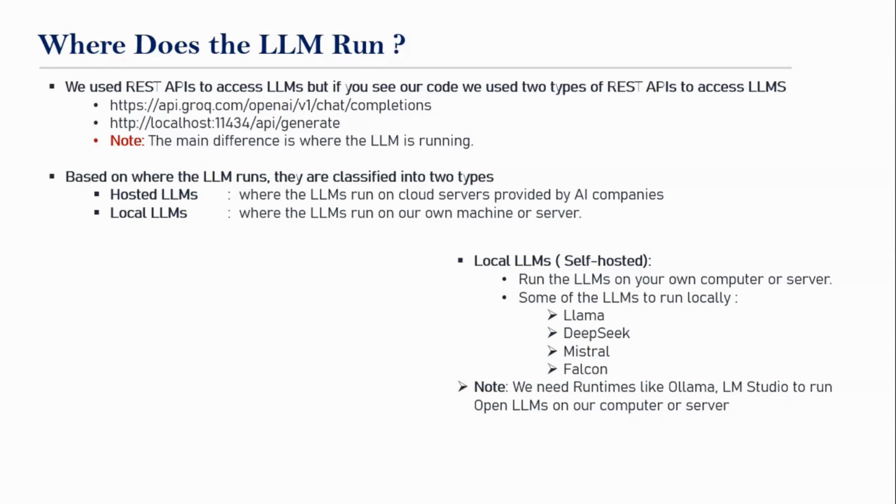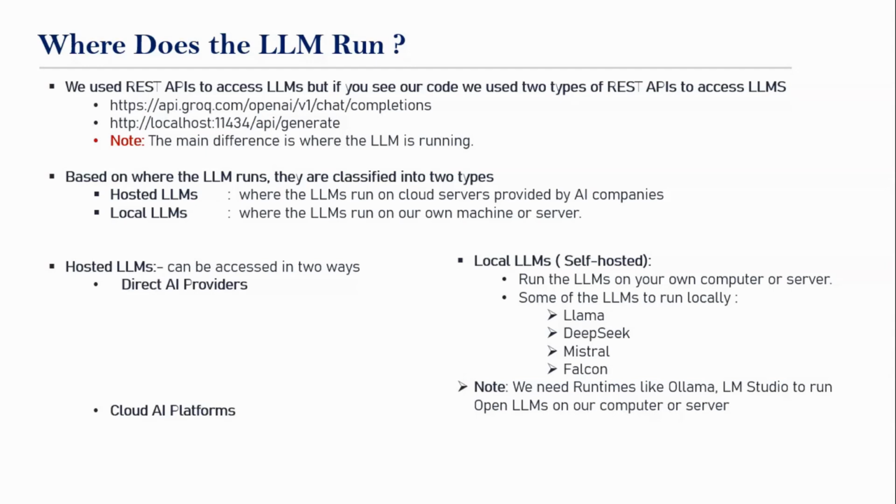Now let me go with hosted LLMs. See, actually, someone is hosting the LLM and you are going to access it through a REST endpoint. That's it. But here, hosted LLMs can be accessed in two ways. They are direct AI providers and cloud AI platform LLMs.